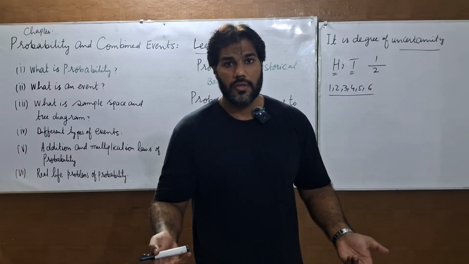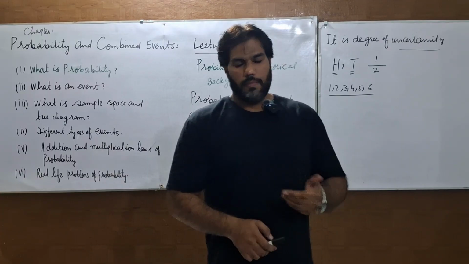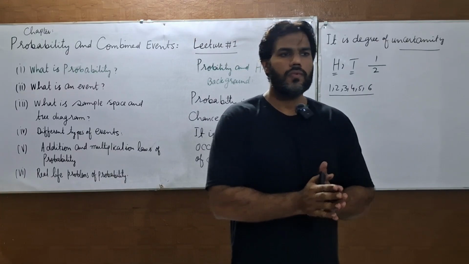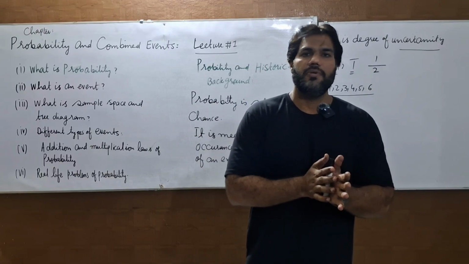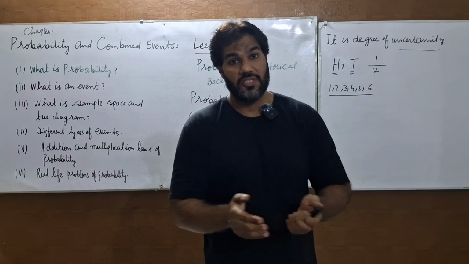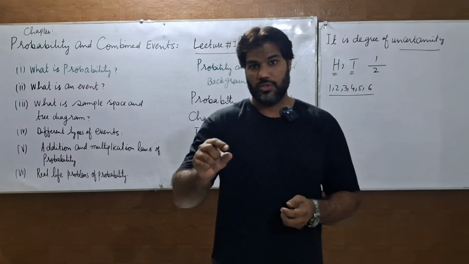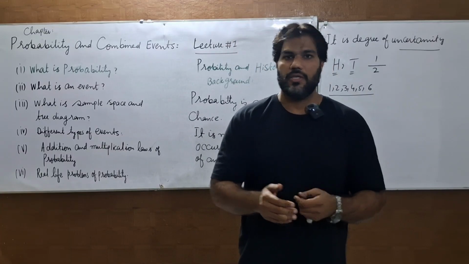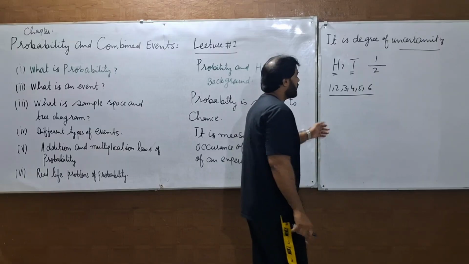This is a sure event because there is no other integer on the die. And if I roll a die and ask what is the probability that 7 occurs, this is an impossible event. It is not possible that 7 dots appear on a single die. So this is an impossible event, and its probability is always 0.